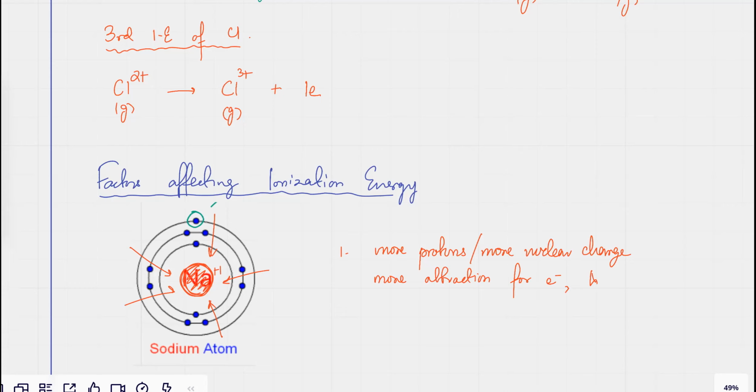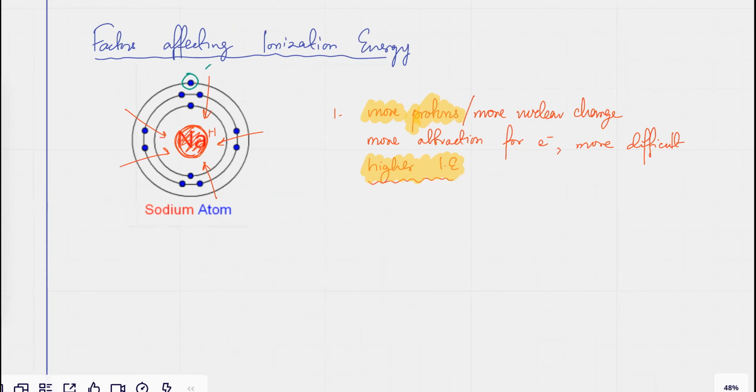If the nucleus is very positive, then the electrons would be very strongly attracted to the nucleus. So that would result in a higher ionization energy. So you got more protons, and that would result in a higher ionization energy. So is this factor clear? The first one. Everyone, is this clear? Yes, sir.